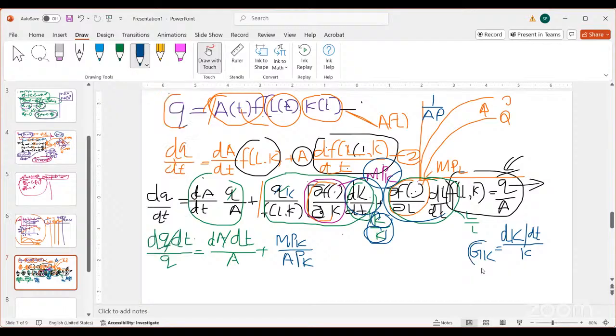That is the GK, multiply GK, the labor growth, plus marginal product of labor divided by average product of labor, and the labor growth, GL.